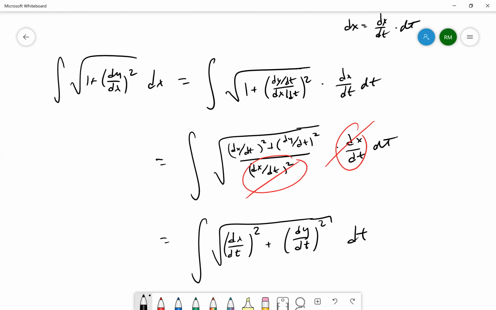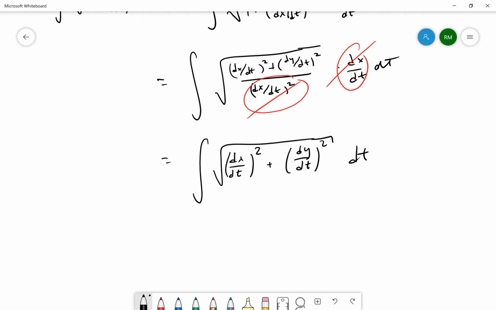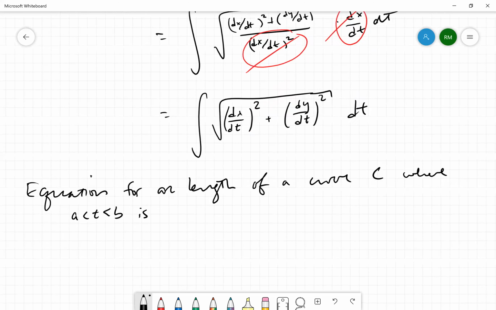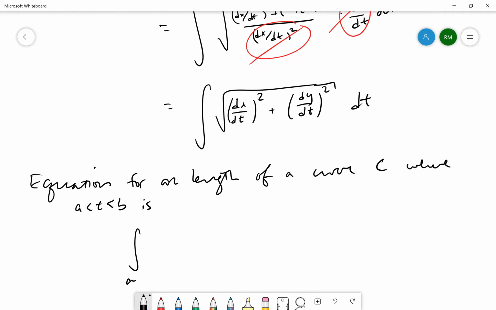And this formula looks a lot better than our formula did from before. And so our equation for the arc length of a curve C, where our t values go from a to b, is the integral from a to b of this nice expression. And that's our equation for the arc length.